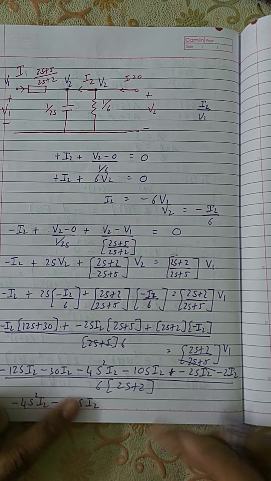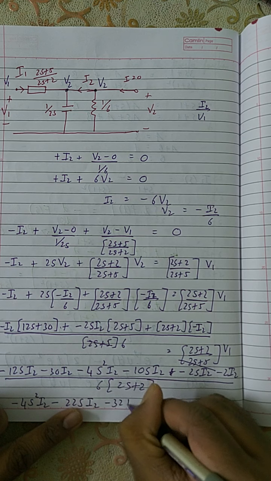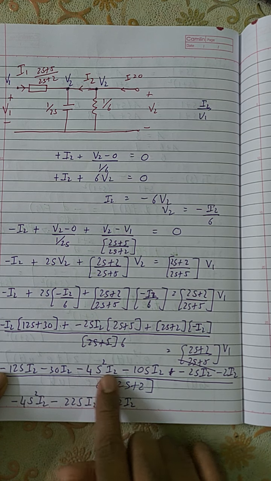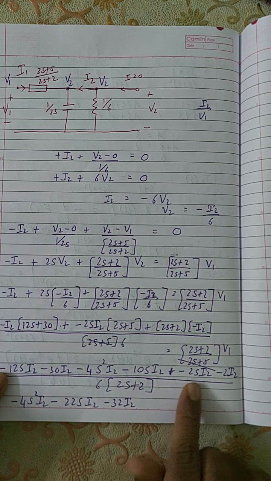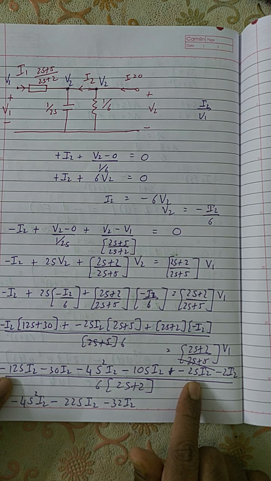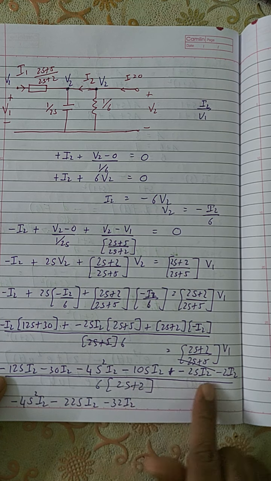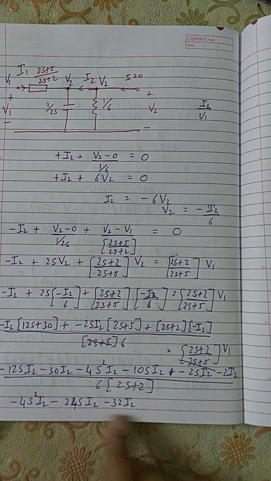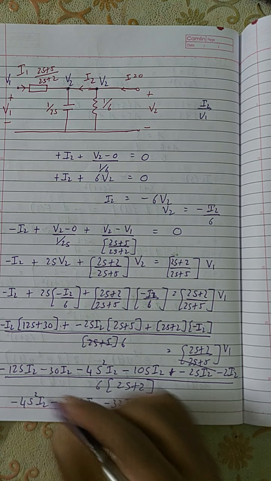This is minus 30, minus 2, so minus 32 I2. Sorry, I knew I'd make a mistake. So this is the equation.